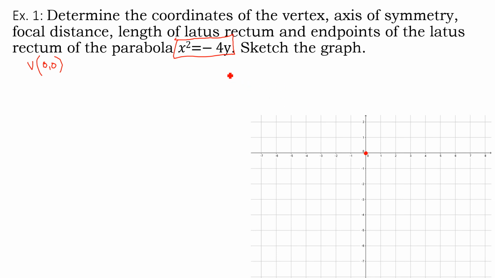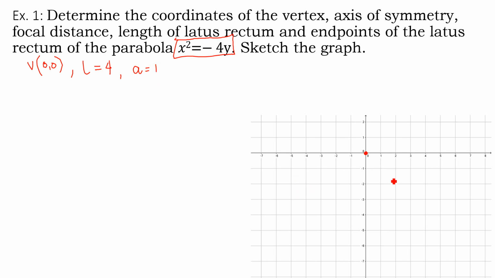As what I have made mention, 4p is the length of the latus rectum. Therefore, the length of the latus rectum is equal to 4. Therefore, the distance of the vertex going to the focus is equal to 1. So the distance of the focus, let's say that's a, is equal to 1.